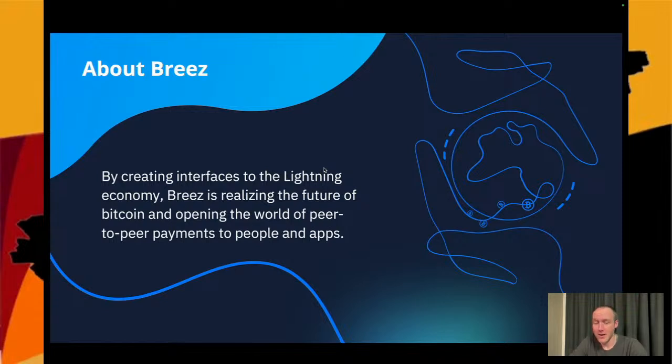It's the #1 layer 2 solution on Bitcoin. And what Breez does is create interfaces on top of that Lightning network to make sure that Lightning is actually used. And if Lightning is used, that means Bitcoin is used. And that means we can create circular economies with Bitcoin, which is where we want to end up in the end.